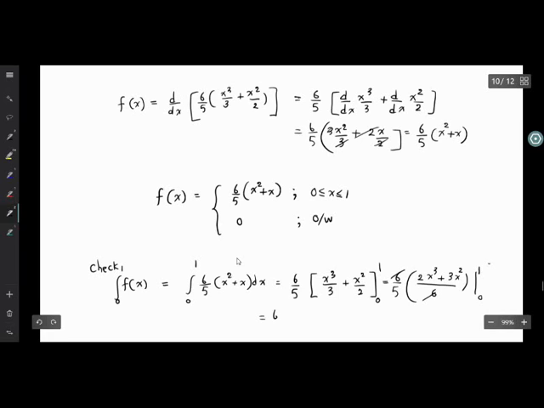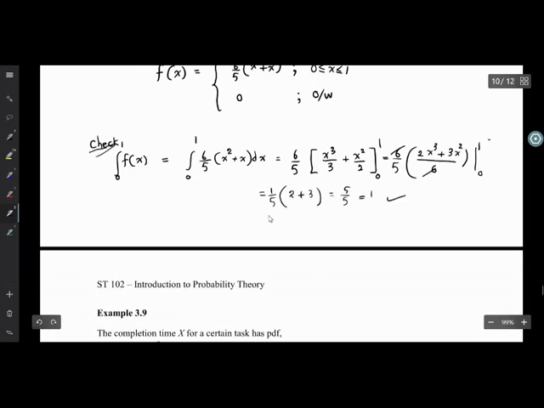So the 6 is gone now, and you have 1 over 5. x is 1 and 0, it's just 1, so it is 2. And x is again 1 and 0, 1 minus 0, again 1, so it's just 3. So you have 5 over 5, which is 1. So this is a correct PDF. This is just checking whether you have done your integration or derivative correctly.